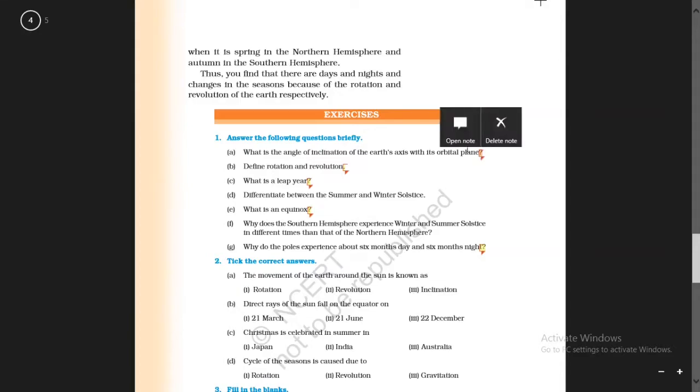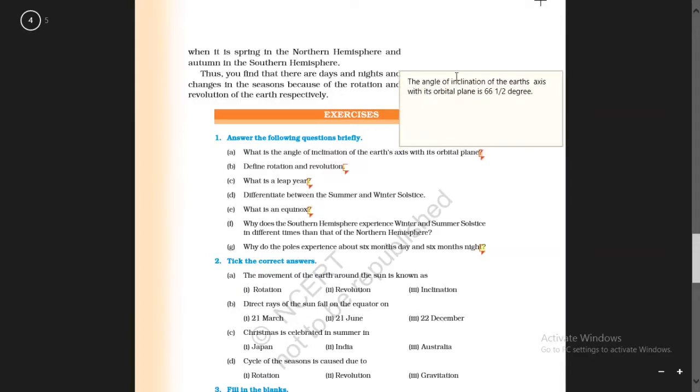Answer you will write: The angle of inclination of the Earth's axis with its orbital plane is 66 and a half degrees. So the main key is 66.5 degrees. You have to answer in a full sentence here.